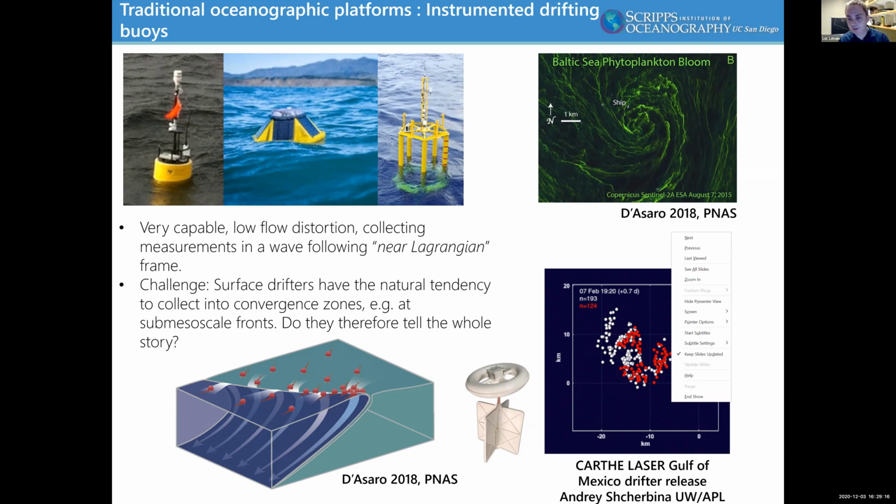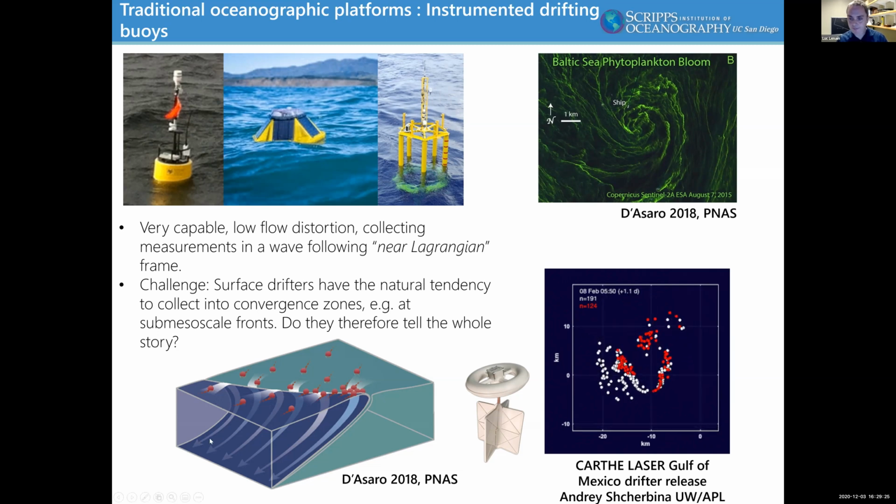And this is an example here, a movie from an experiment conducted in the Gulf of Mexico, where 124 drifters were released. You see the scale, 10, 20 kilometers, and all of a sudden they get trapped into the mesoscale features.